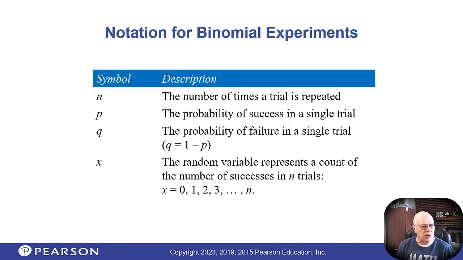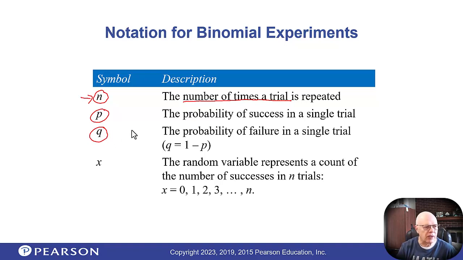Here are the numbers you need to know, and you'll be using them in your calculator, for example. First of all, n is how many times you're going to do the trial. Remember, it was a fixed number of trials, and this is how many times you're going to do it. P is the probability of success in each of the trials, and they're all the same probability. Q, we're adding an extra one.